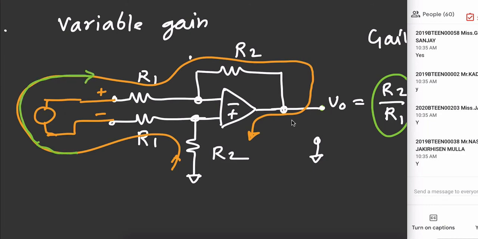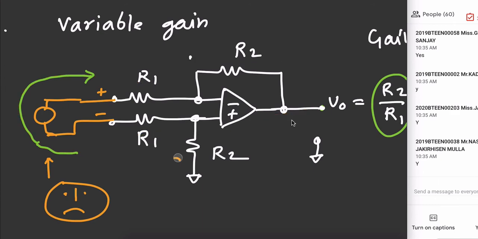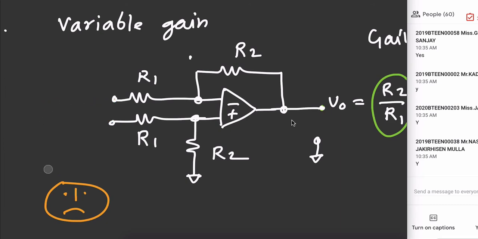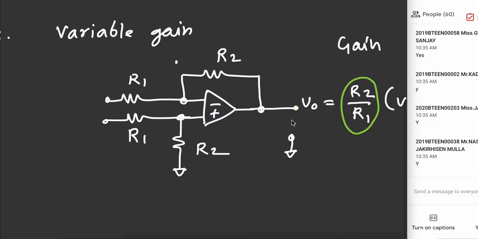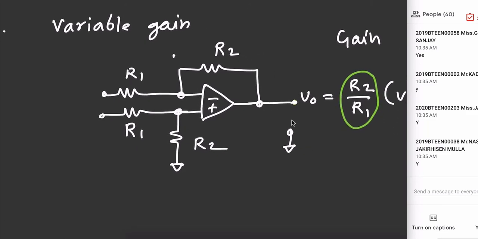So if you ask sensor to pass some current or provide some current, then it will be unhappy, because sensor typically wants it not to be loaded. Hope you are understanding. So this is not very good, though this is a differential amplifier with adjustable gain using only resistors. Fine. Then one more problem, I hope you are understanding. Is this fine? If you have any query, you can ask that query.